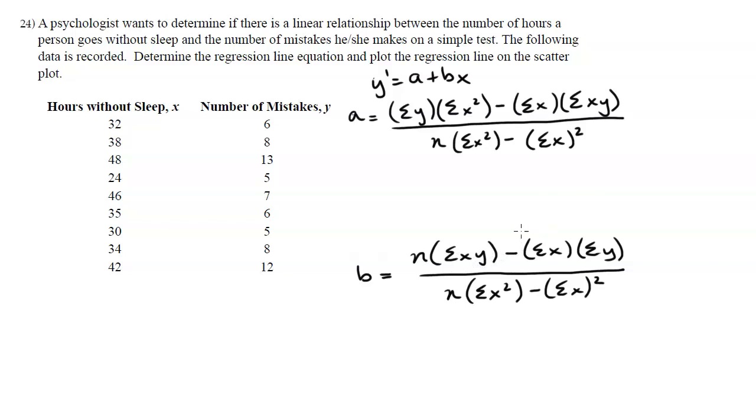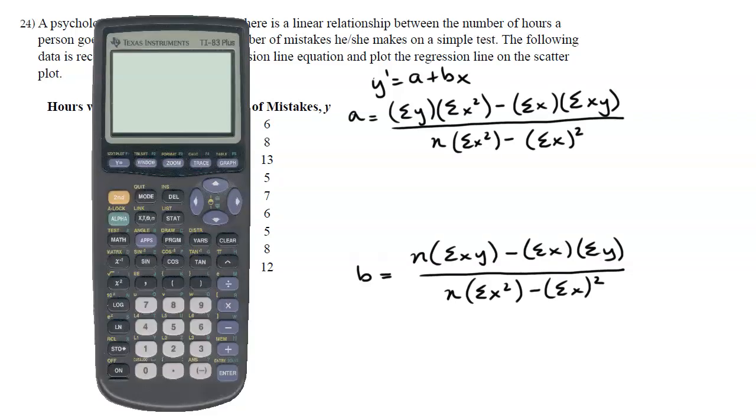Okay, here we go. I'm going to use a hybrid formula and calculator approach because, remember, with the correlation problem before, we can get all of these sums by inputting our data into the calculator and then using two variable statistics.